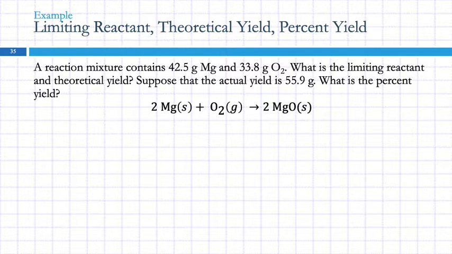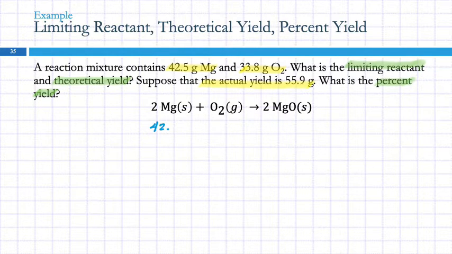So we're given some information, a mass of magnesium and a mass of oxygen, and we're told that this is the actual yield. And then they're asking for the limiting reactant, the theoretical yield, and the percent yield. But we need to do these just one thing at a time. So like I did before, I'm going to use this mass, and I'm going to write it under the symbol or the formula.